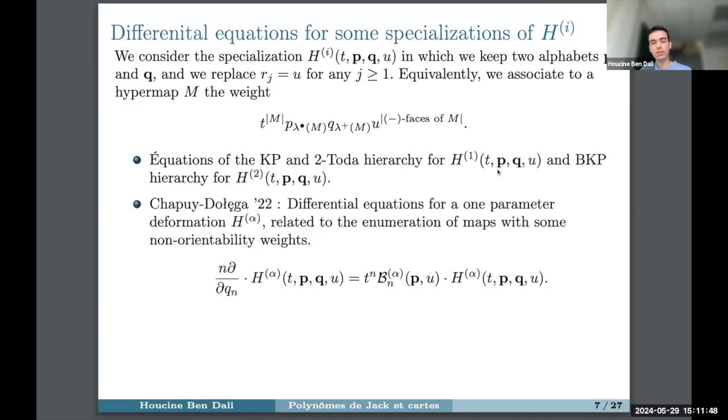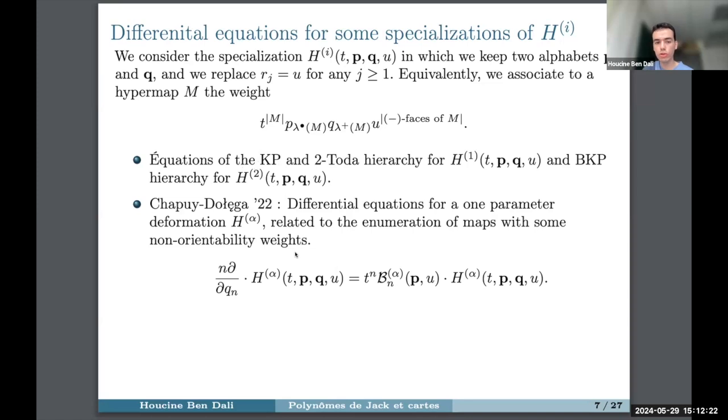And as Victor explained, we have equations in the orientable case and in the non-orientable case, but we do not know if there is some interpolation between the two of them, if there is an equation which unifies the KP and the BKP equations. So what Chapuy and Dołęga did is that they proved that there exists some alpha deformation, so some deformation in one parameter which gives the orientable series for alpha equals 1 and the non-orientable series for alpha equals 2.